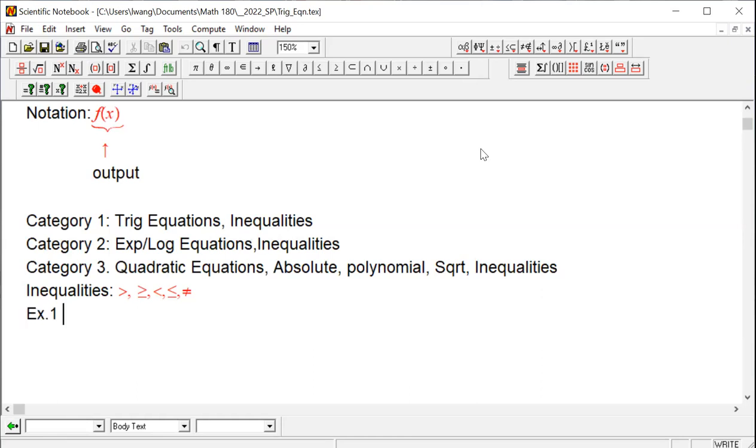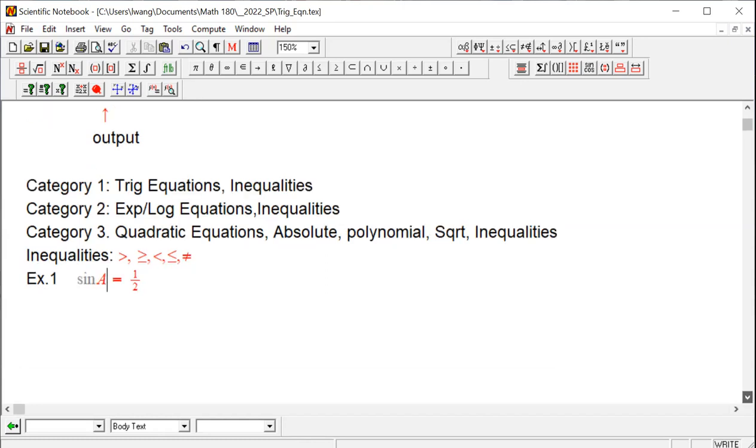Example number one. What is a simple trig equation? Say sine x is equal to half. For consistency with what we did before, let's use a capital A, because the input for a sine is our angle: sine A equals half.